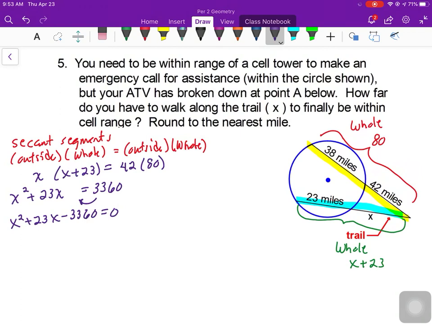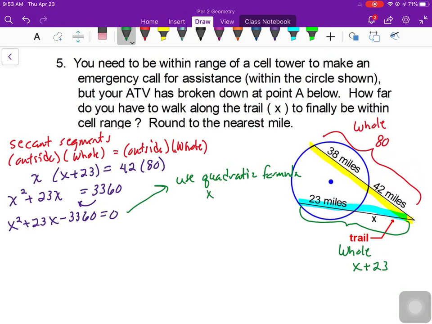Now, this one does not factor, so we have to use yet another skill that we reviewed back in the beginning of this chapter. And the skill that we're going to use is the quadratic formula.